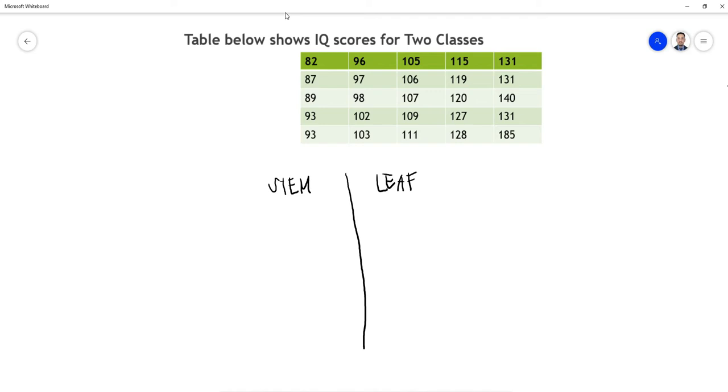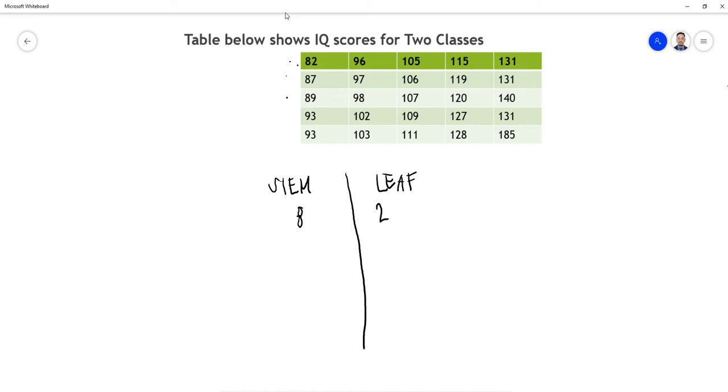Next step, starting from the smallest number. The smallest number here is 82. It is in the 80s category. Alongside 82, we have 87 and 89. So what are we going to do? We place the first digit here at the stem part, and the second digit, or the rightmost digit, at the leaf part.